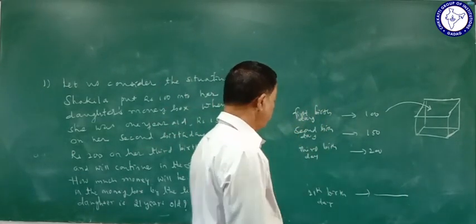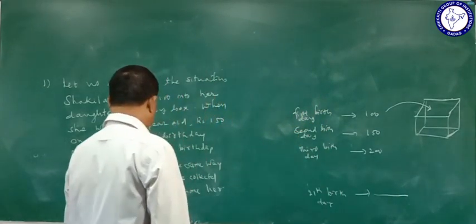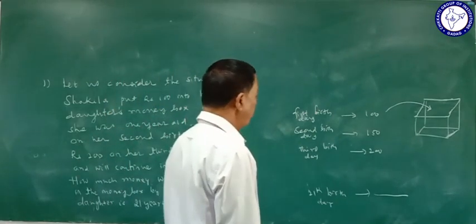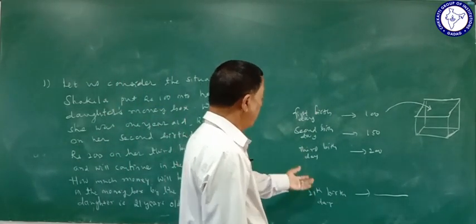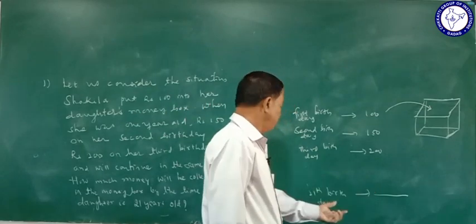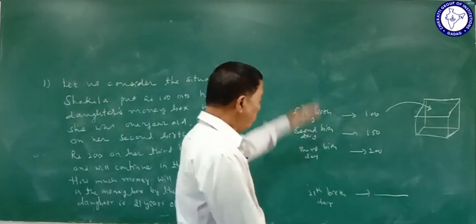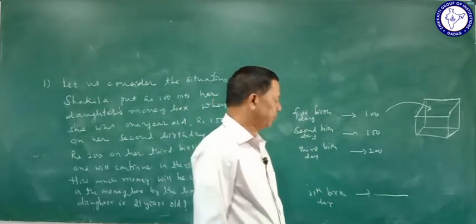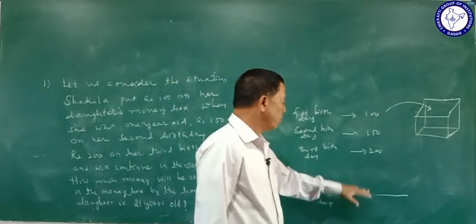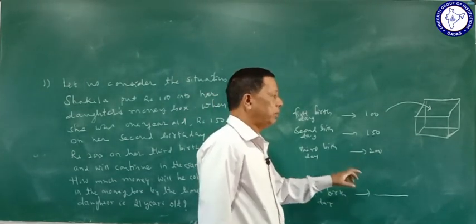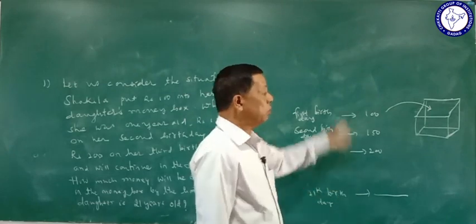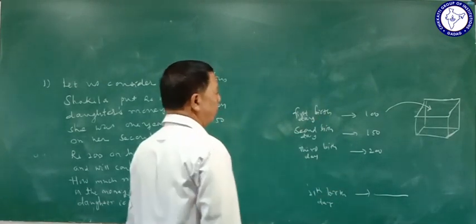What is the total when she was 21 years old? What is the amount she put on the 21st birthday, and what is that total sum also? The calculation is not only the amount on the 21st birthday. What is the total amount collected in that money box?